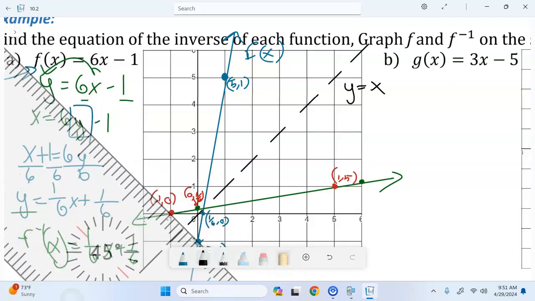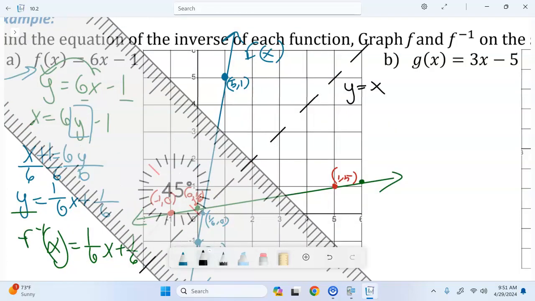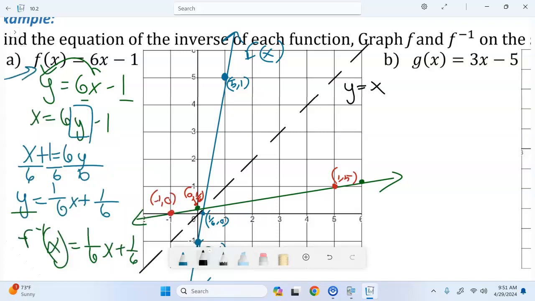They will always be equidistant from that line, every single point on that curve. So that's also a visual way that we can identify whether or not a function is likely to be the inverse graphically if we have that symmetry. And we can pick points on both curves and we should see that symmetrical relationship. But those distances will always be the same from inverse to inverse.